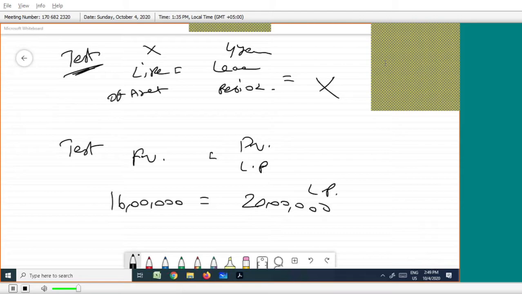Okay, but now my question is whether this 20 lakhs is a discounted value or not a discounted value? Inflation adjusted value or not an inflation adjusted value? Yes or no?